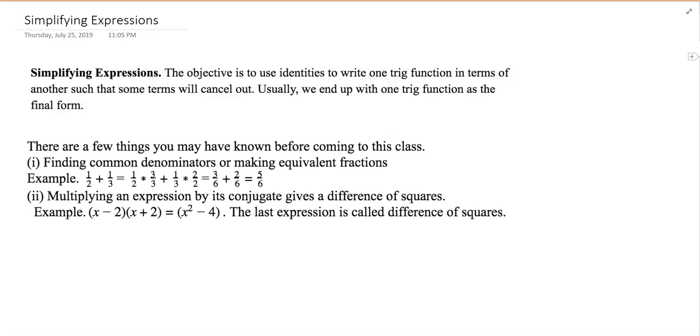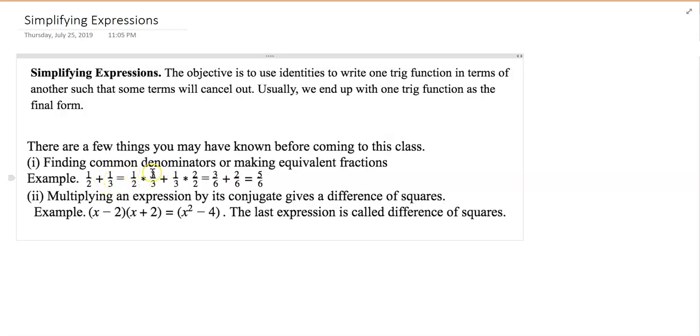First thing is about finding common denominators or making equivalent fractions. For example, if you had to add 1/2 plus 1/3, you would take 1/2 and multiply it by 1. This special 1 will be the denominator of the second fraction, which was 1/3.